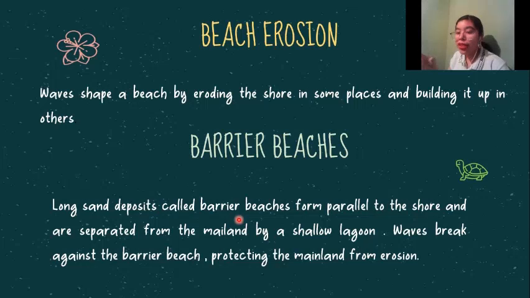A lagoon is a small water body. Waves break against the barrier beach, protecting the mainland. So they protect the mainland. They don't do almost anything to it because they all go towards the barrier beach.